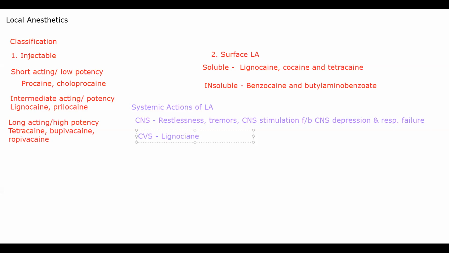Lignocaine, cardiac depressant, and bupivacaine, cardiotoxic. Most cardiotoxic actually out of all local anesthetics. It is the most cardiotoxic.